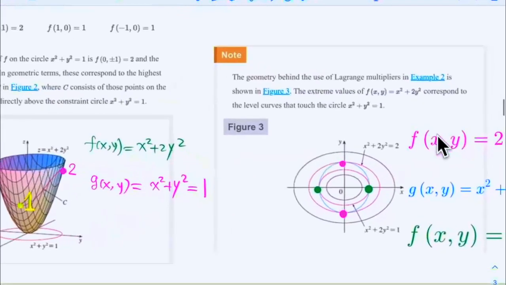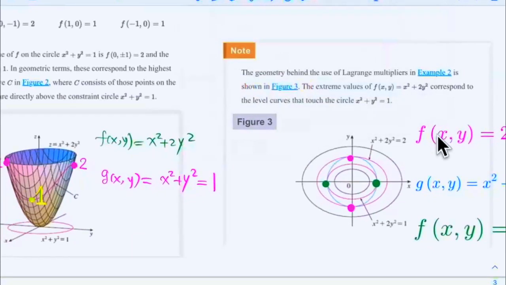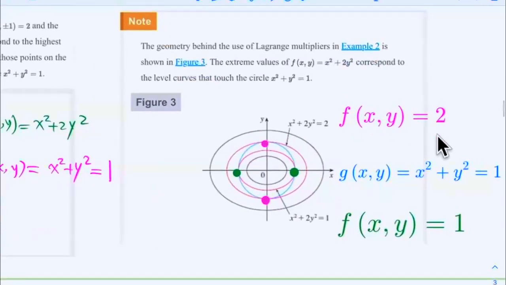Now, you also can see those level curves. The function f has this level curve, this pink one. Actually, they're all pink. And this one here is the level curve for f where the function value is 1. And what do we have here?